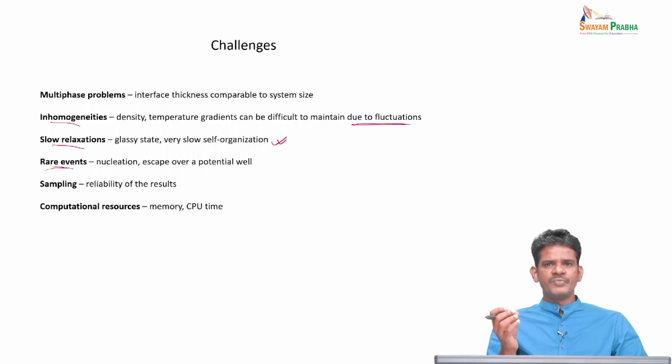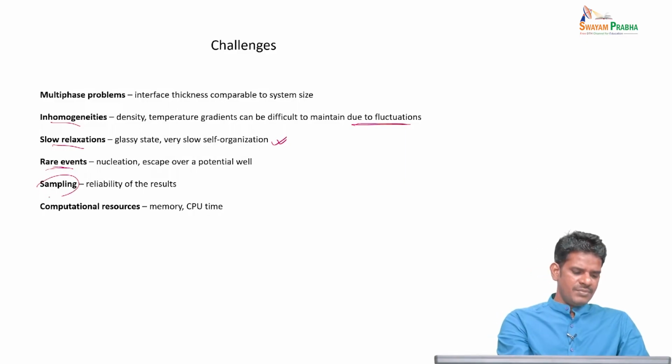Examples could be a nucleation problem, or escape from a potential well. Because these all have a very large energy barrier, there are methods to handle such rare events via some smart techniques, but brute force molecular dynamics simulation will be extremely useless for rare event simulation like this. So we have to resort to some special techniques in such cases.